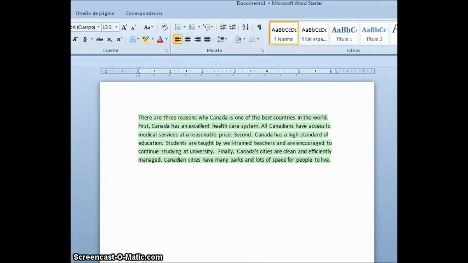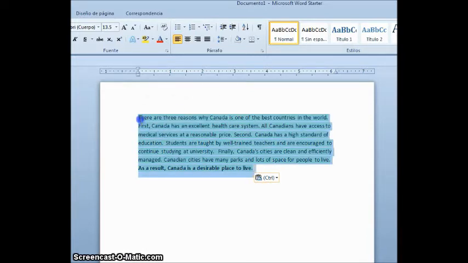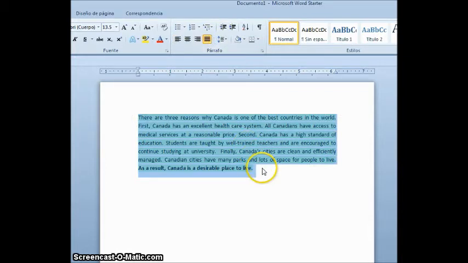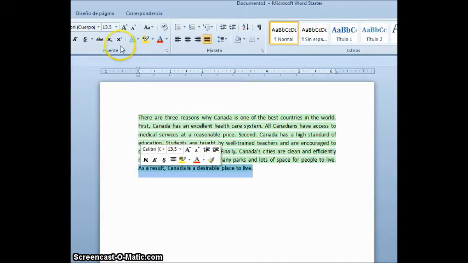Students are taught by well-trained teachers and are encouraged to continue studying at university. Finally, Canada's cities are clean and efficiently managed. Canadian cities have many parks and lots of space for people to live. As a result, Canada is a desirable place to live. "As a result, Canada is a desirable place to live" would be the closing sentence, or the concluding sentence, in our paragraph.